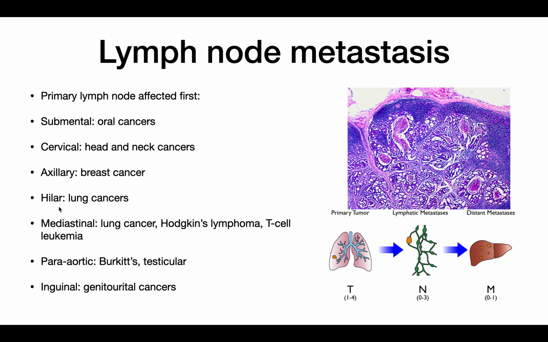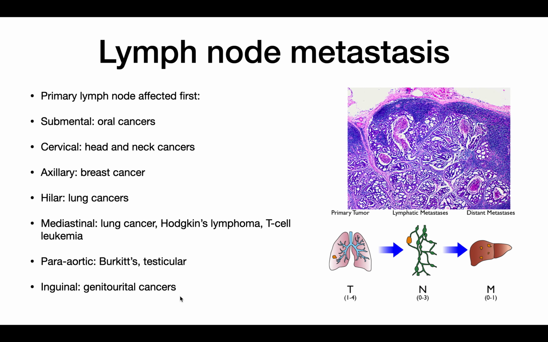Axillary is breast, hilar are your lung cancers, and your mediastinal can be your lung cancers, your Hodgkin's lymphoma, along with the T cell leukemia. And the para-aortic lymph nodes would be either Burkitt's lymphoma or testicular lymphoma. And in the inguinal lymph nodes, involvement would be the genitourinary cancers.